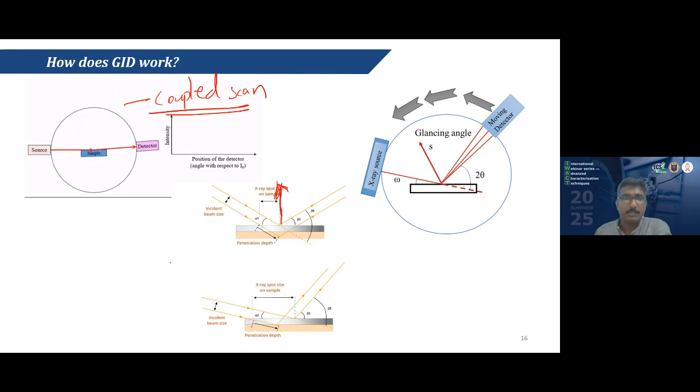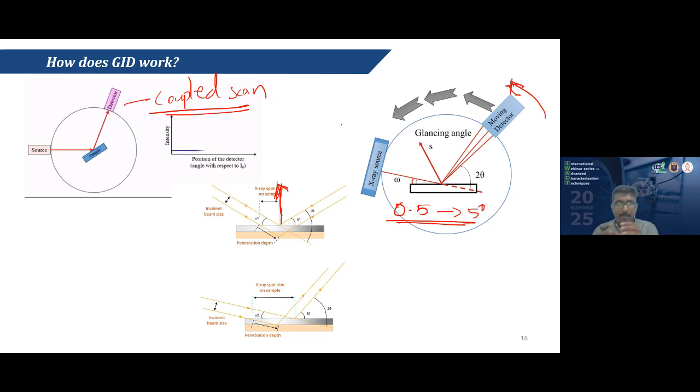Whereas in the case of GIXRD, the angle of incidence is very shallow, of the order of 0.5 to 5 degrees. And here only the detector angle moves. The X-ray source, or angle of incidence, is fixed at a very low angle, and the detector itself only moves.